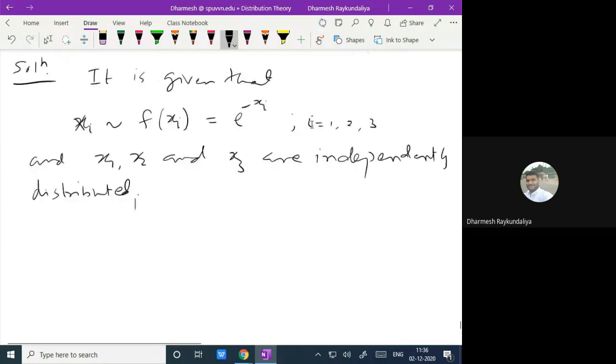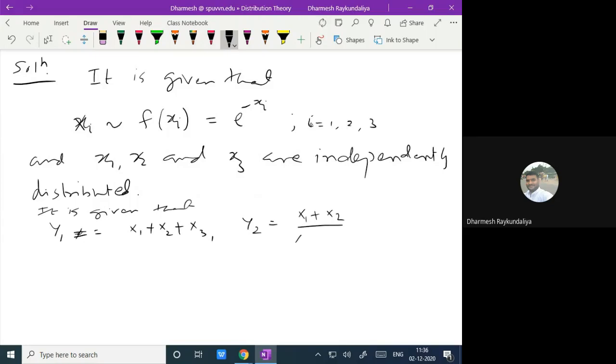Okay, so I wish to find the Jacobian. How to find the Jacobian? It is given that y1 equal to x1 plus x2 plus x3, y2 equal to x1 plus x2 upon x1 plus x2 plus x3, and y3 equal to x1 upon x1 plus x2.